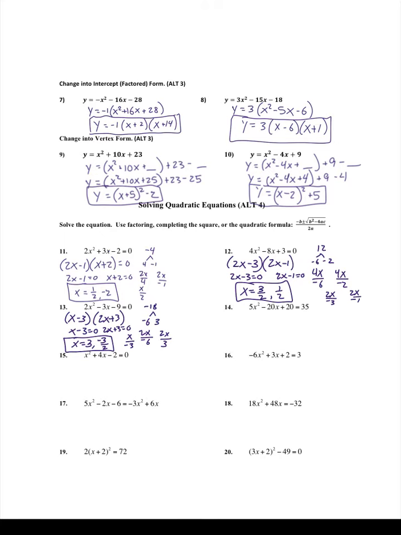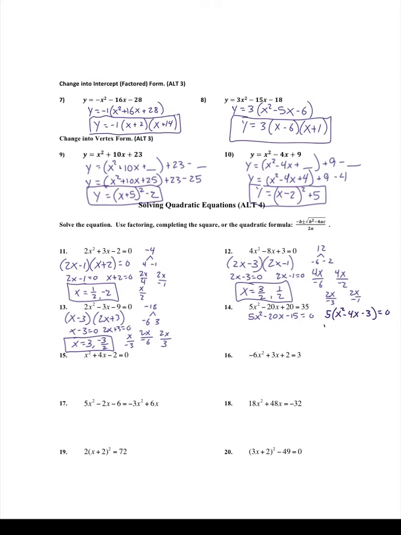For number 14, we're going to move the 35 over. So we're going to subtract 35. That gives us 5x squared minus 20x minus 15. We can pull out a greatest common factor of 5. So that's 5 times x squared minus 4x minus 3.